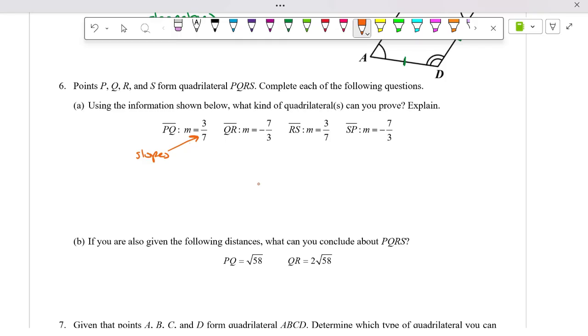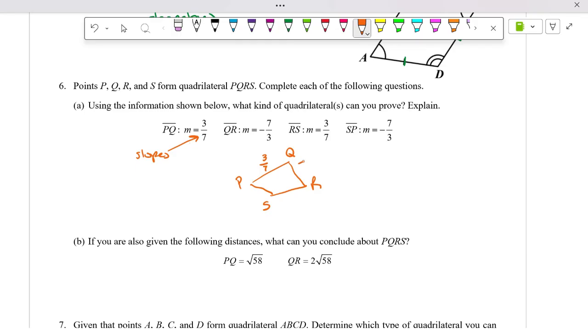Now, let's just say that I drew any quadrilateral, so I'm not even going to make it look like anything. I'm going to call it PQRS. Now, they said P to Q has a rise over run of 3/7.